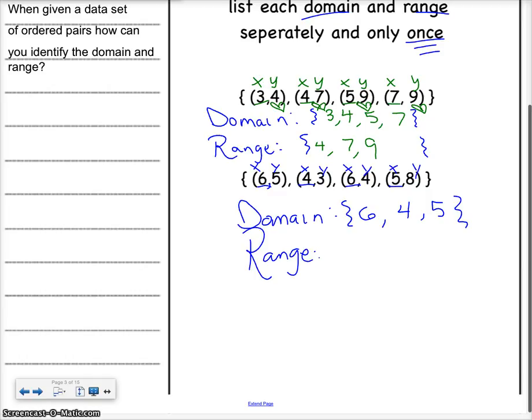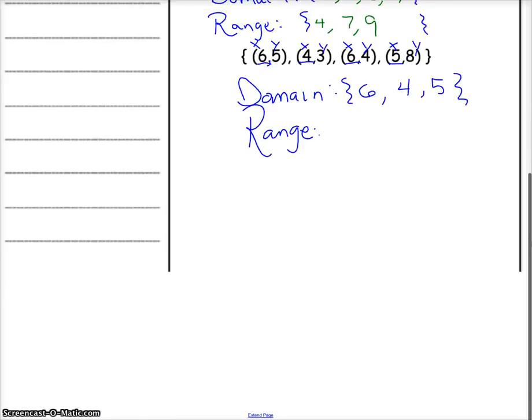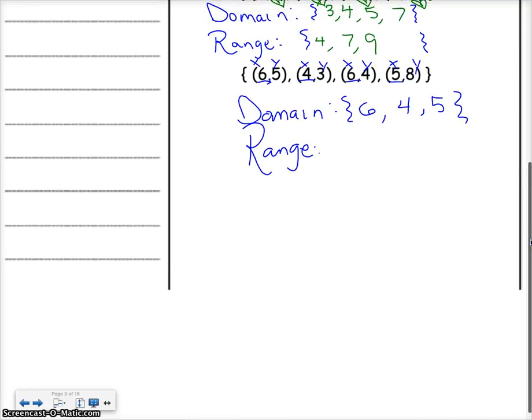What's range? Say y. Oh, good. Yes, range is y. Range is the y value. Okay, so my different ranges are 5, 3, 4, and 8.